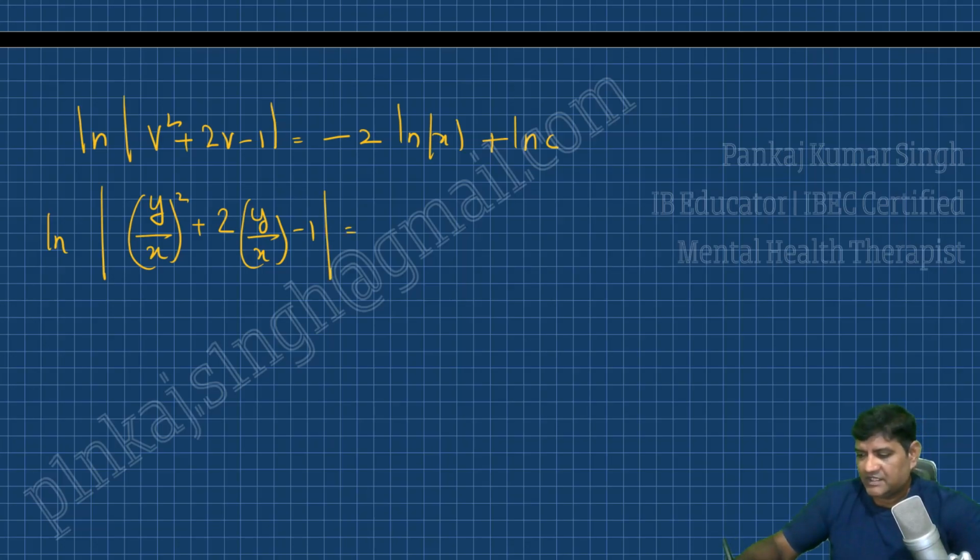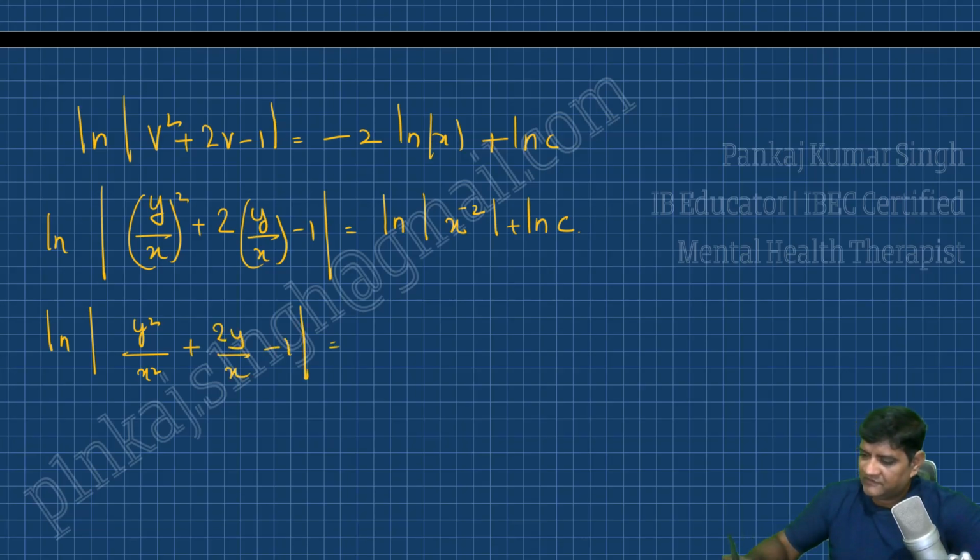And that's equal to, I can write this as ln of mod of x to the power of negative 2 plus ln c. So this is ln of y square by x square plus 2y divided by x minus 1, which is further equal to ln of x to the power of minus 2 into c.